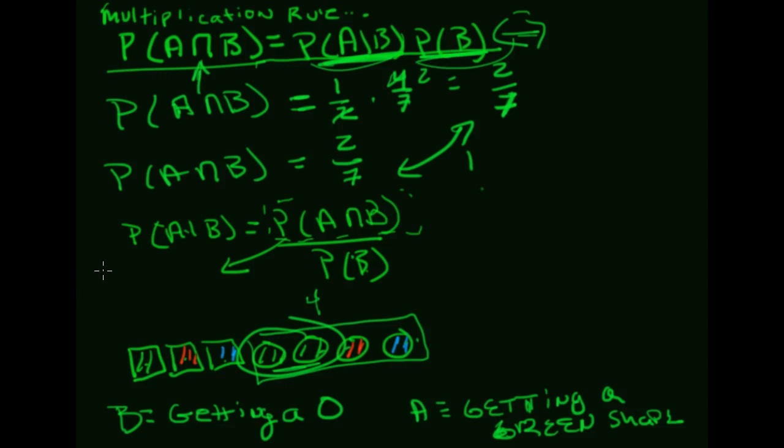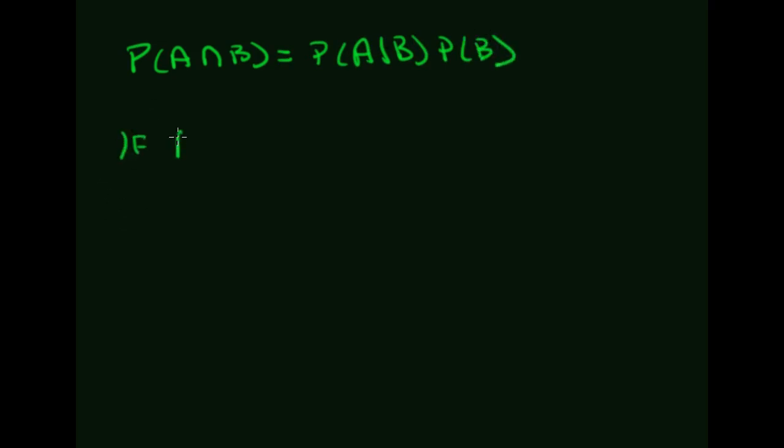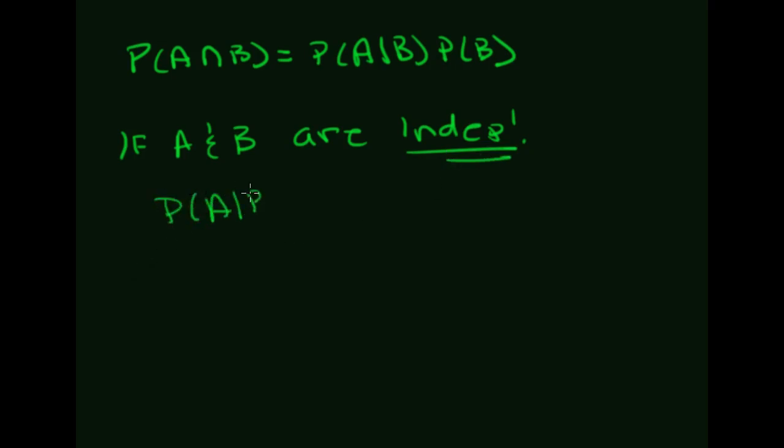So now, here's an interesting thing, and this is where intersection comes into all of this. We just said that the probability of A and B is equal to the probability of A given B times the probability of B. Before we said if A and B are independent, that the probability of A given B is equal to the probability of A, because the B has no effect, right?